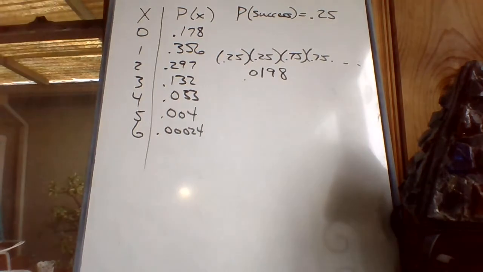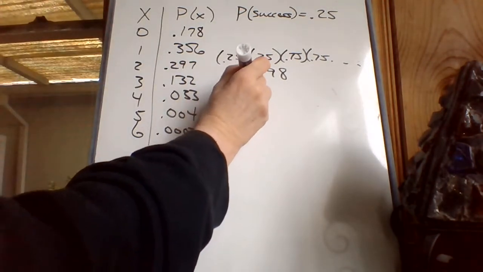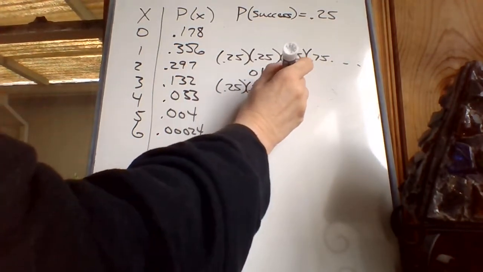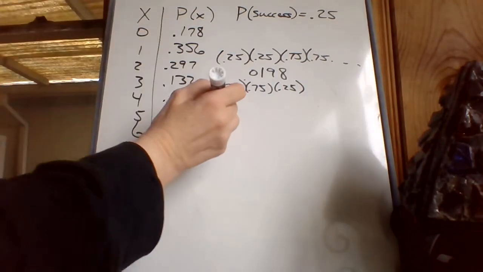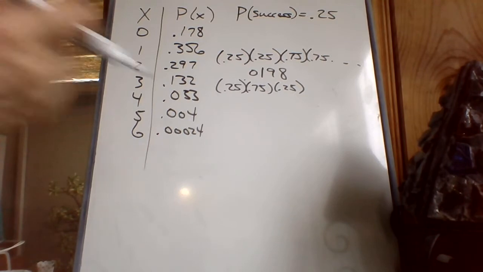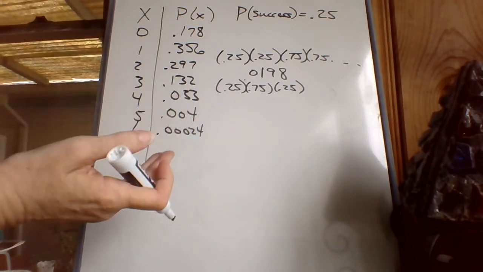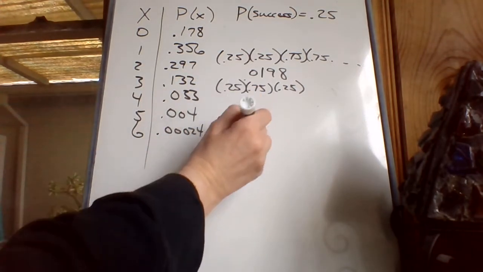All right. But it could have been the first one and the third one. Or it could have been the first one and the fourth one. Or the first one and the fifth one, or the first one and the sixth one, or maybe it wasn't even the first one at all. Maybe it's like the second one and the third one.